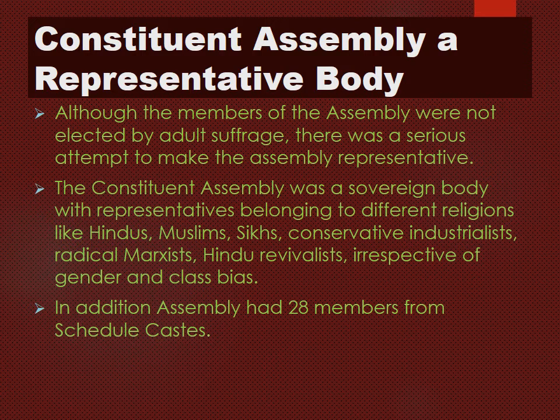The Constituent Assembly was a sovereign body with representatives belonging to different religions like Hindus, Muslims, Sikhs, conservative industrialists, radical Marxists, Hindu revivalists, irrespective of gender and class. In addition, the Assembly had 28 members from scheduled castes. So they tried to make the Constituent Assembly a representative body.